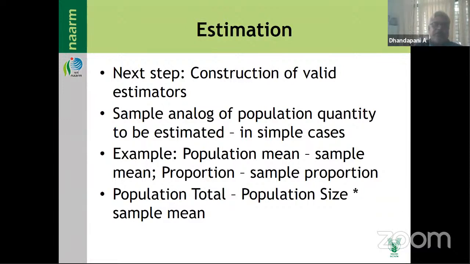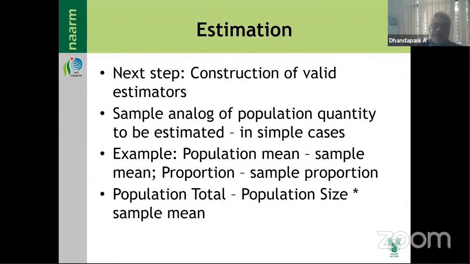So suppose you have 1,000 employees, you calculate the sample mean for whatever sample you have collected, and then multiply it by 1,000, and you will get the total time spent on traveling by all your employees.